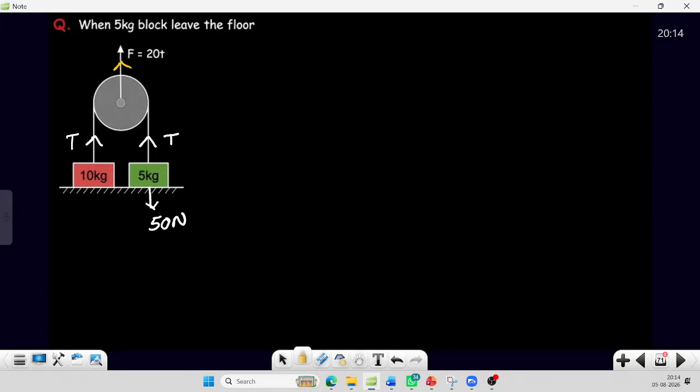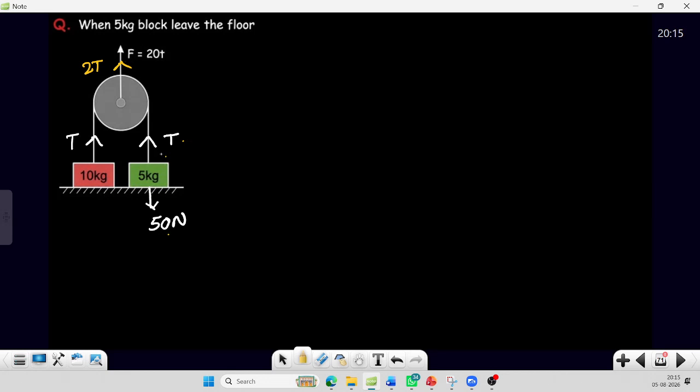It is 2T. Same thing, this is the tension 2T. So for this block to move, we need to apply a minimum upward force of 50.